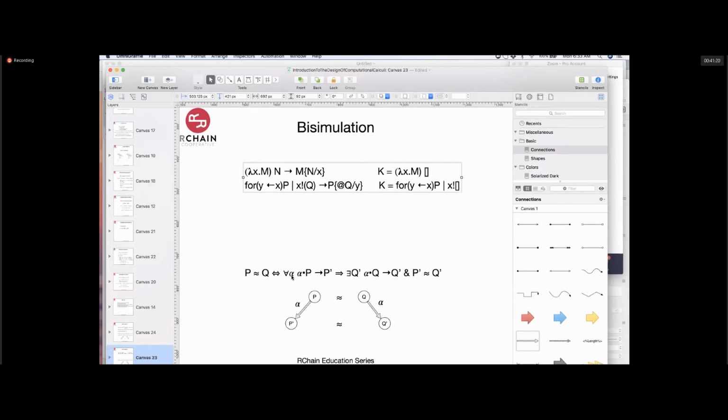So both substitutability and refactoring are effectively captured via our notion of bisimulation.